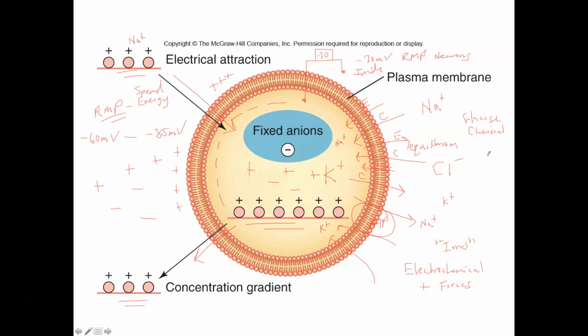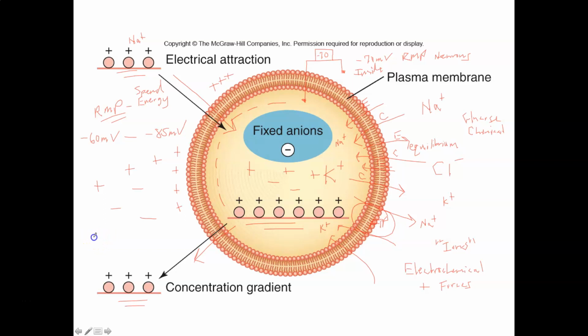Now, the direction of the electrochemical force will be based on adding the vector quantities together. A concentration gradient, an electrical attraction, these are really what we call vector quantities. Vectors are forces that have direction and magnitude. So if you want to know what the electrochemical driving force is, you would have to add the forces together.